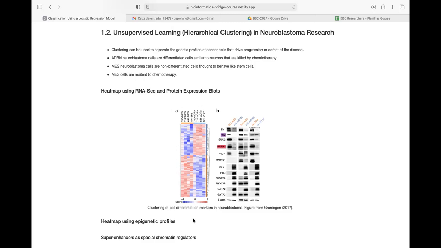This is an RNA-seq experiment, and in this RNA-seq experiment, we can also realize that the pattern of gene expression is very characteristic in the adrenergic cells and very characteristic in the mesenchymal cells. So you can see that a number of genes have higher expression. You can see this is higher expression from the score here, more red, higher expression of adrenergic genes in the adrenergic cells, and higher expression of mesenchymal genes in mesenchymal cells.